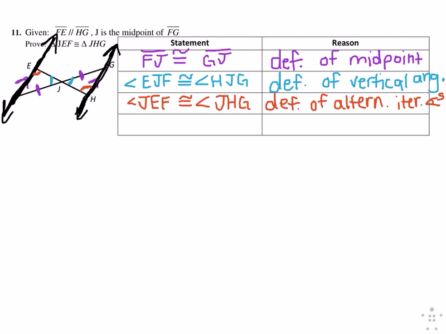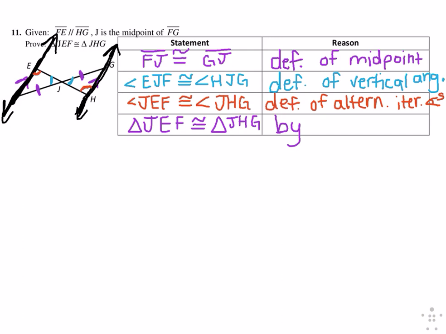Okay, so with those three statements, now I have enough information to prove that the triangles are congruent to each other. So my last step would be to prove that they're congruent. So I'm going to say triangle JEF is congruent to triangle JHG by which postulate?